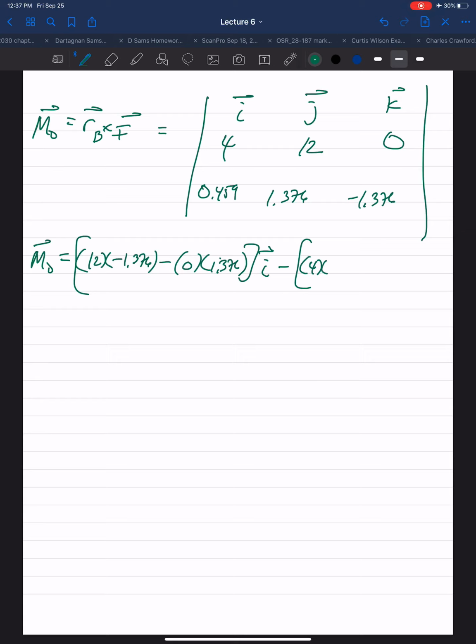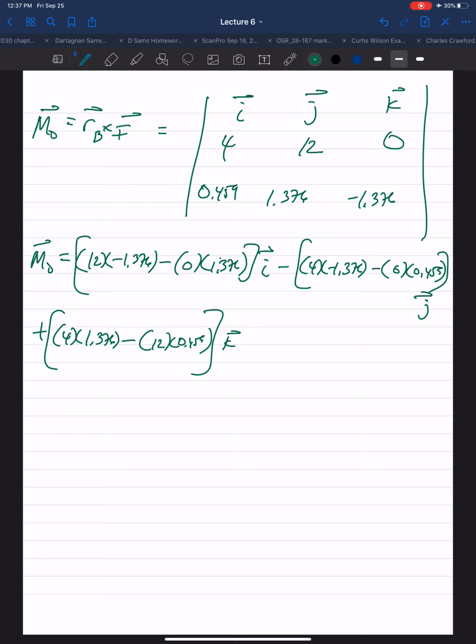So that's 4 times negative 1.376 minus 0 times 0.459. This is J. For K, you ignore the top row in the third column. So this is 4 times 1.376 minus 12 times 0.459 K.